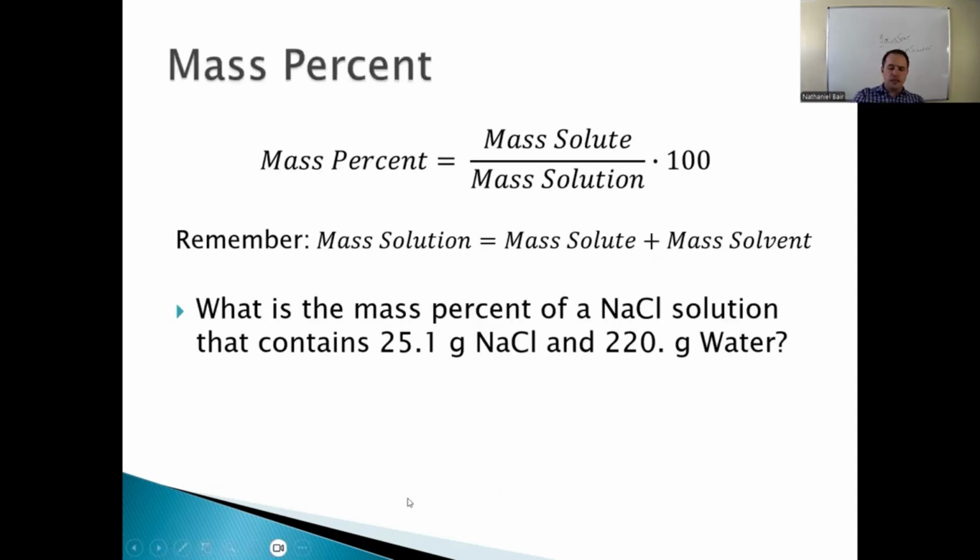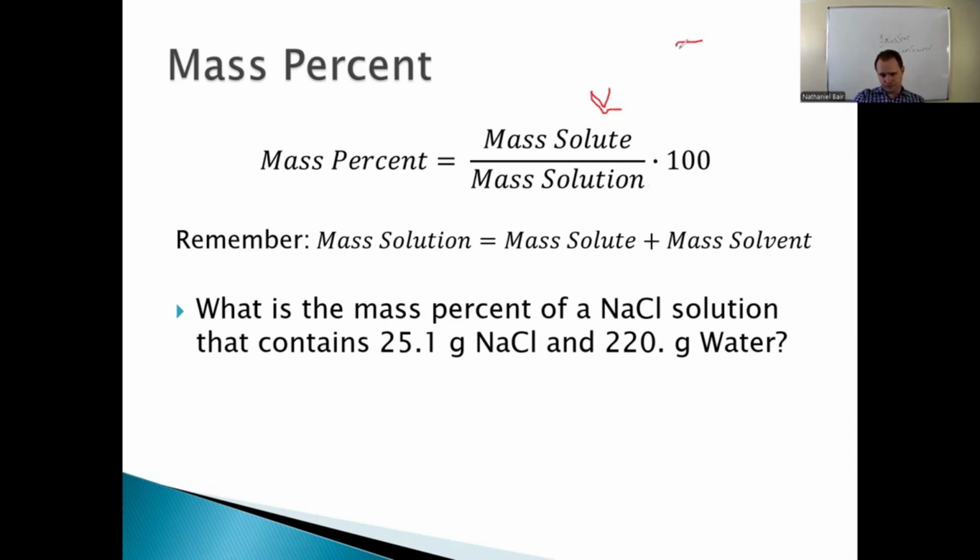So mass percent is this. Mass percent, sometimes called the percent mass of a solution, is found by taking the mass of the solute, dividing by the mass of the solution, and then multiplying by 100 to make it a percent. Okay, so that's mass percent. Now you really need to know these terms. So what is the solute?